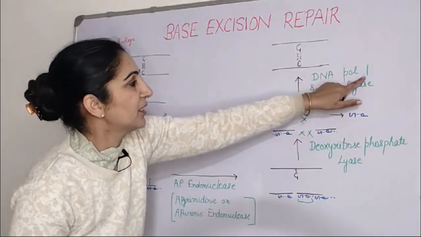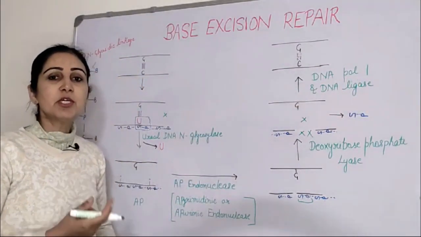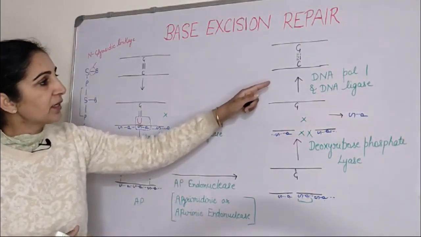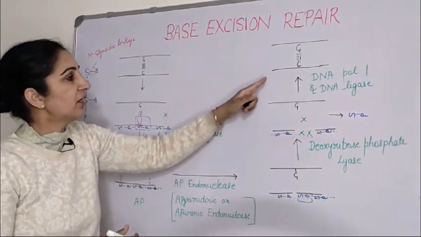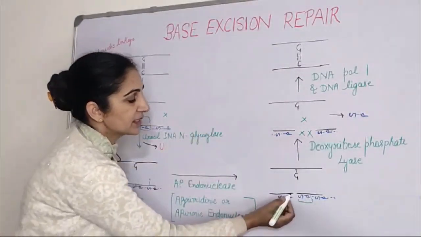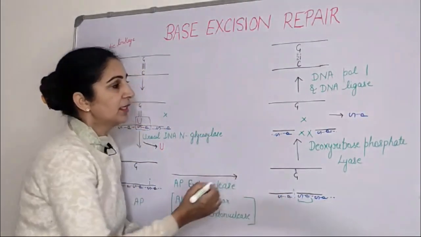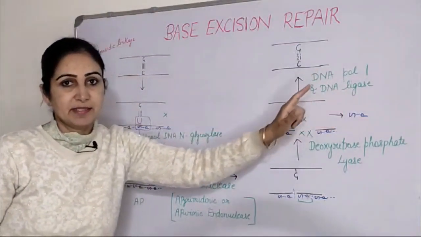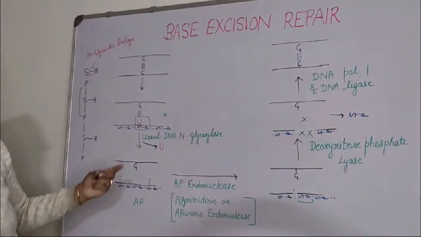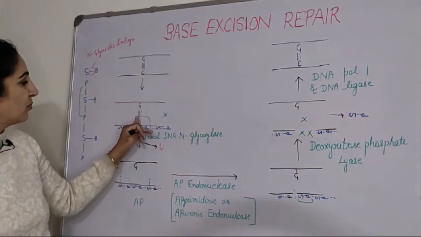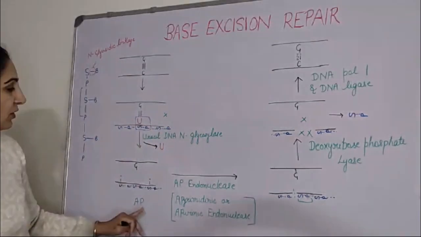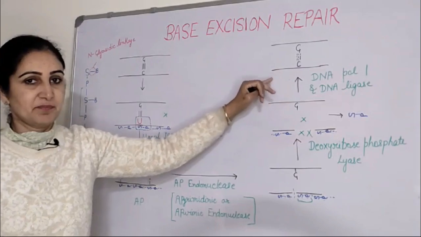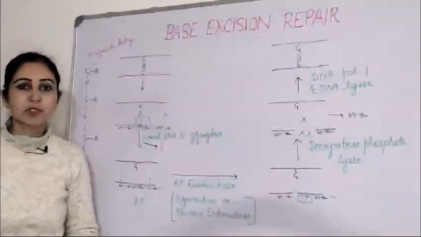So this DNA polymerase 1 will attach the new nucleotide in the 5' to 3' direction with the right base, and whatever nick is left, in the place where this bond was broken, that nick will be ligated with the help of DNA ligase. So this is how we remove the wrong base and get the DNA double strand with the right bases. So let's see the whole process again.